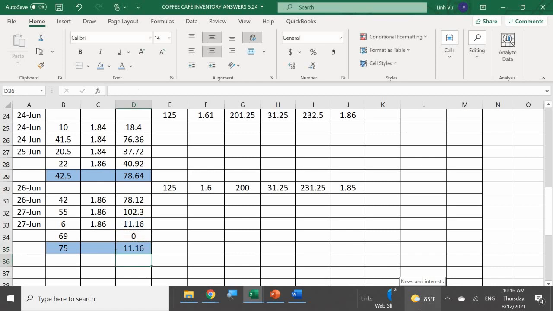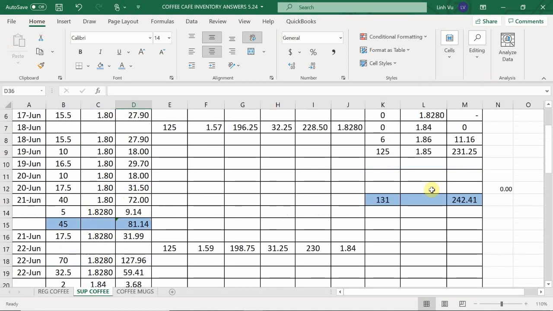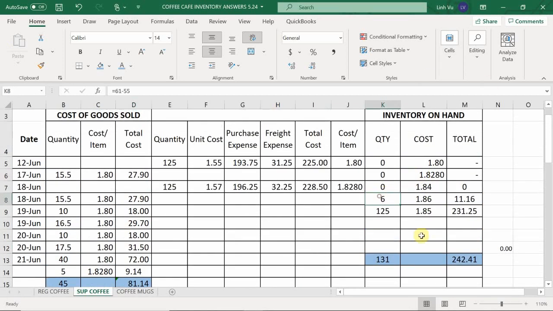Okay, so I have right now 6 pounds at 11.16. So I'm going to actually go ahead and do it this way. I'm going to go ahead and eliminate this number right here, saying that I have nothing left. So now I only have 125 pounds left at 185, which we know that we're going to sell 69 of them.